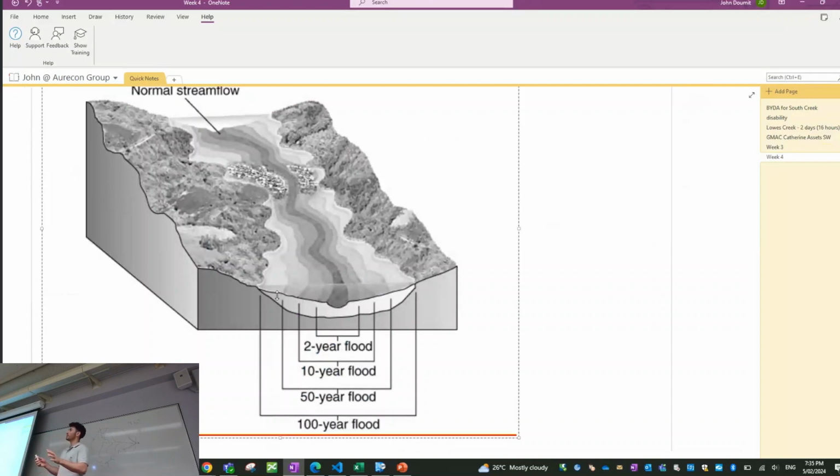I don't want to say no, but logically, if you think about water falling from the sky and being held in the catchment, the base flow will probably only ever go up a little bit and then fall, because you're adding water to the stream. Whereas if you have a drought, that's probably where the base flow is going to fall, because there's no water in the storage of the catchment.